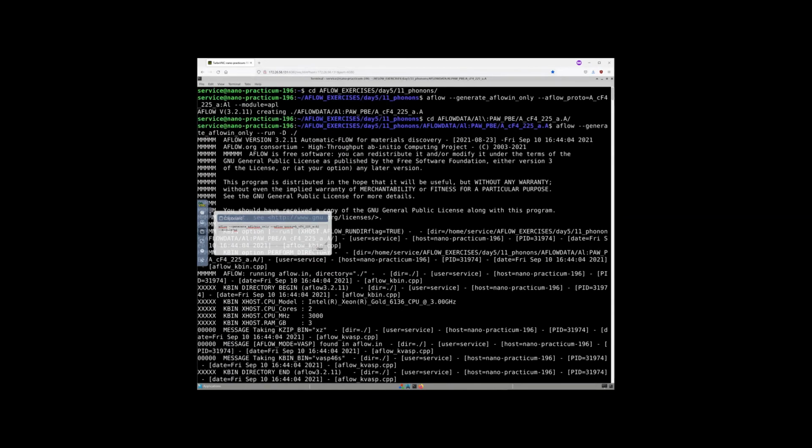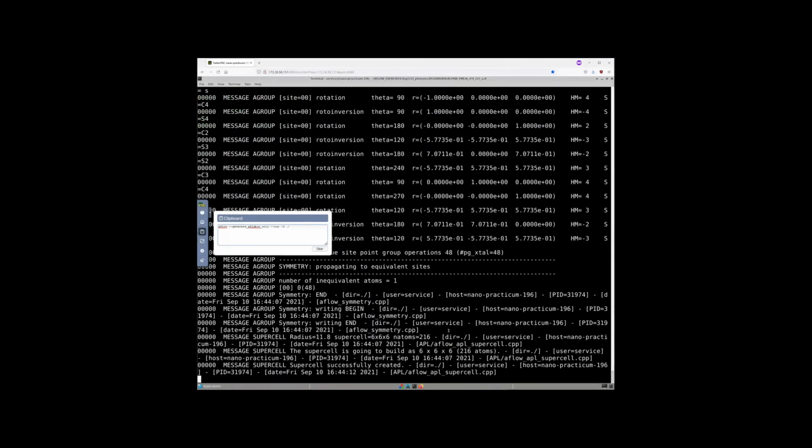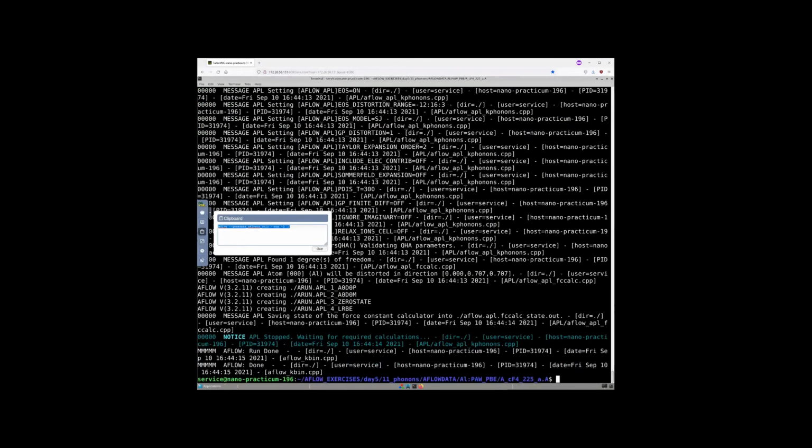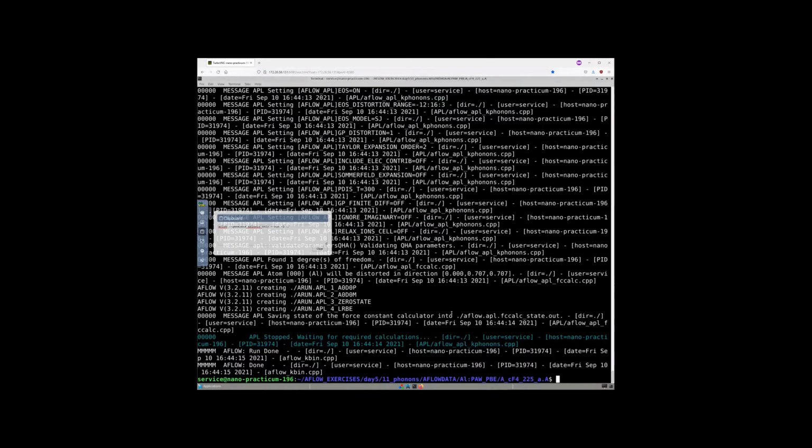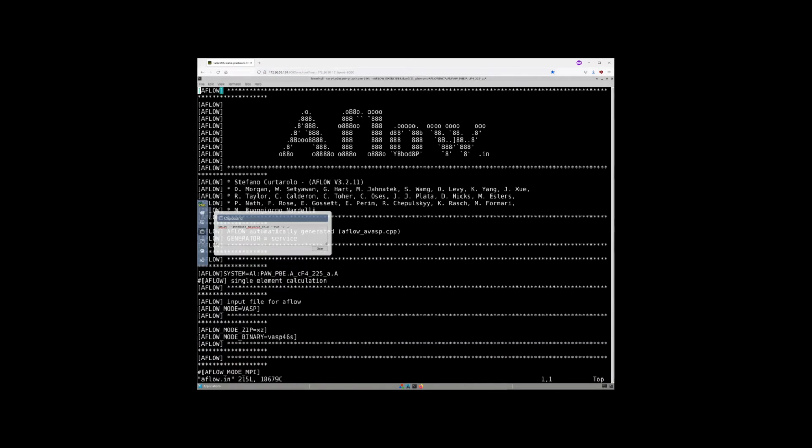Here's the one. So it finishes very quickly, and what I would like us to look at in this directory is the AFLOW in file that was generated first.